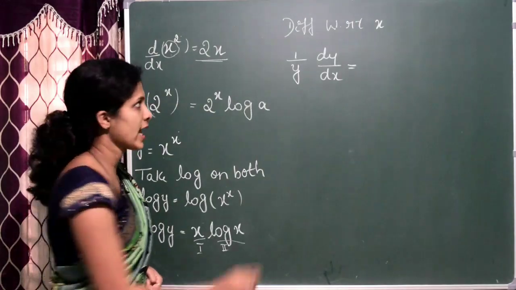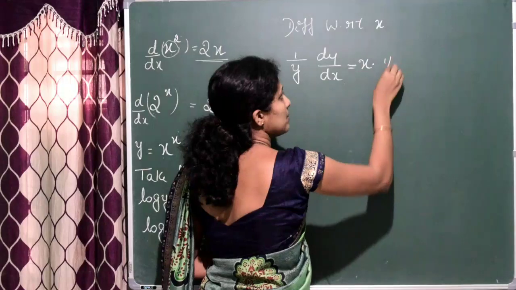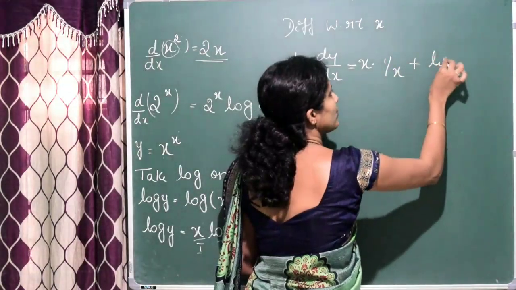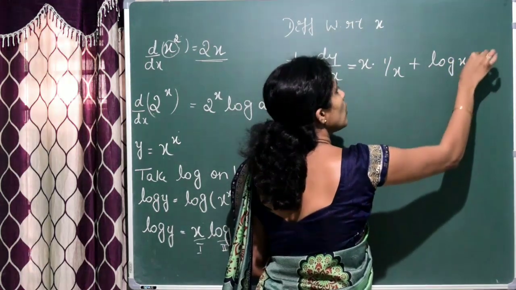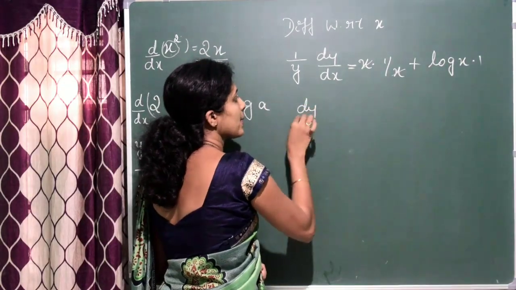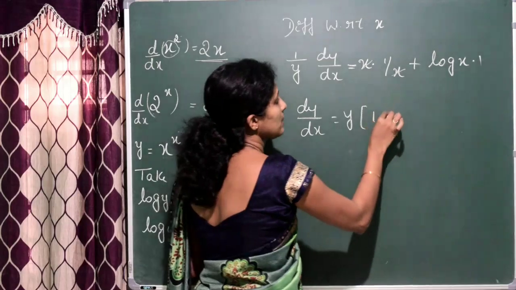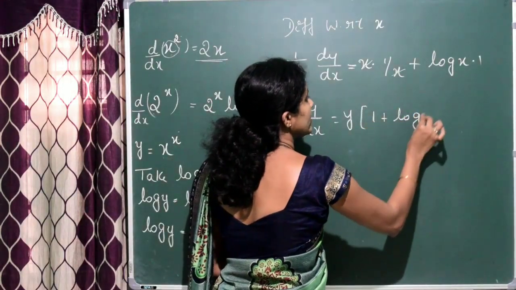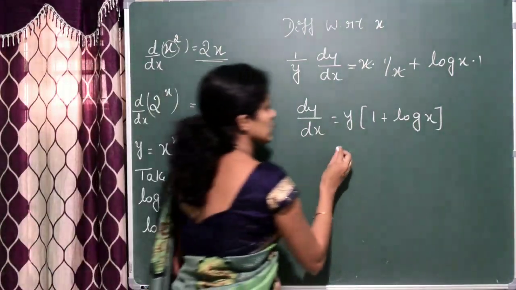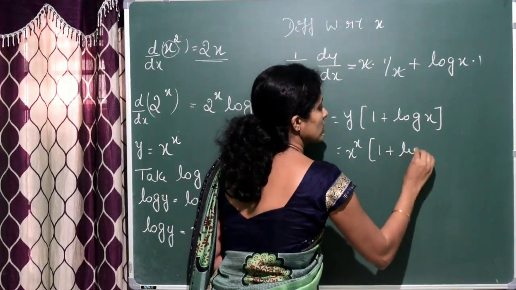Write the first function as it is, that is x, and derivative of log x, it will be 1 by x, plus write log x as it is, and derivative of x will be equal to 1. So here I can cancel x and x. So I can write dy by dx is equal to y into 1 plus log x. Finally, you substitute the value of y. What is y? y is x to the power x. So this is equal to x to the power x into 1 plus log x.